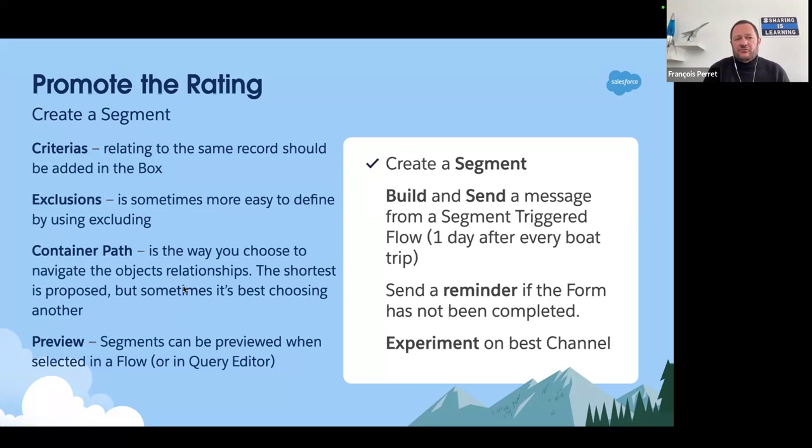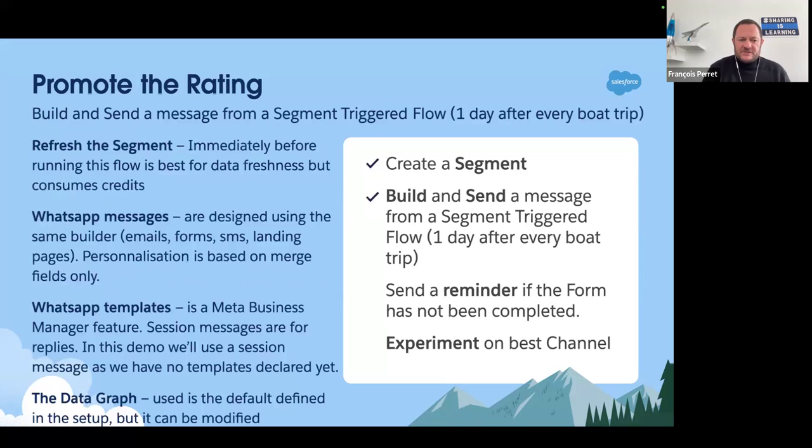And segments can be previewed, even though it's not directly at the segment level. We've seen this in the flow itself. And of course, you can do this with a query or whatever options you wish.